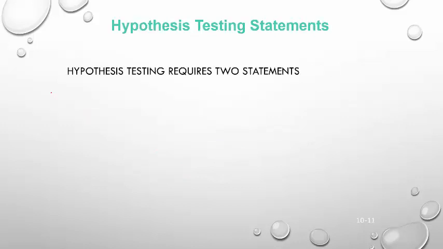Okay, so hypothesis testing requires two statements. So why does it require two statements? Well, because a claim can either be correct or incorrect.